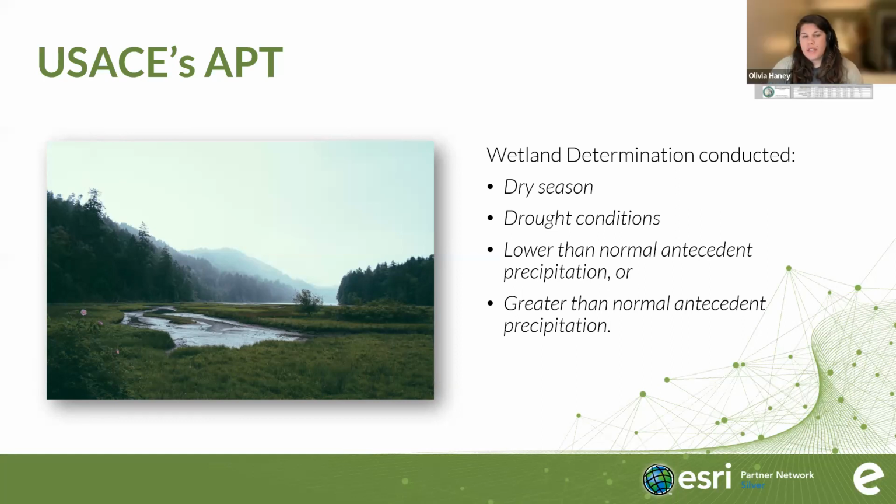Yeah, so we had discussions with the Corps on jurisdictionality of some wetlands, and we ended up having to do a deep dive into the drought conditions that were being experienced on site and within the watershed at the time.